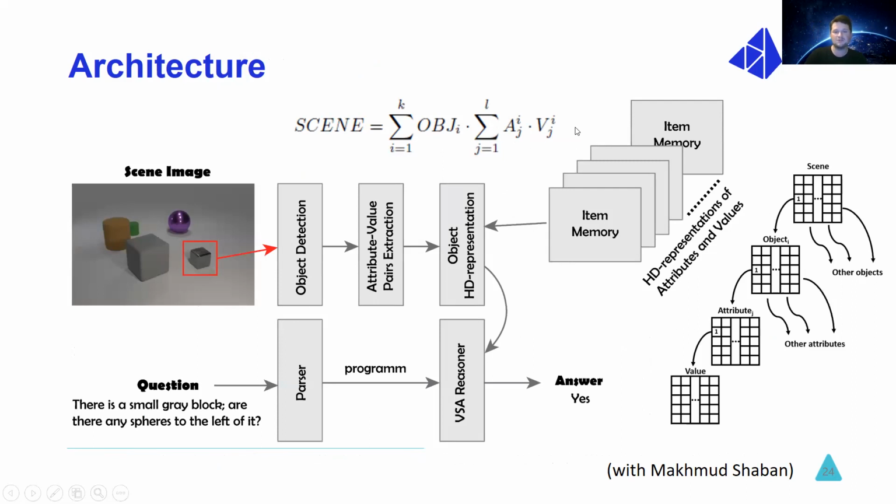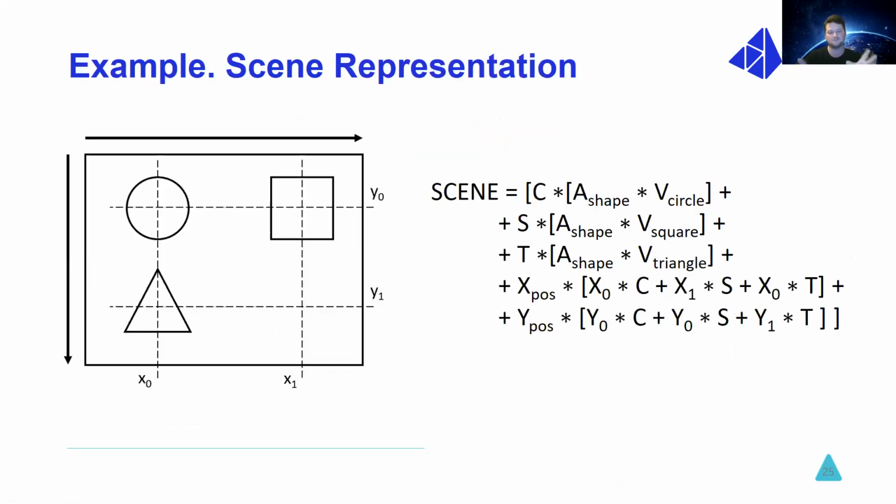And our scene is represented as follows. Each object is represented as a bundling of attribute-value pairs, and there each attribute value is an HD vector. Then each scene is represented as a bundling of objects bound with their representation. And I'll explain a little bit closer on this toy example.